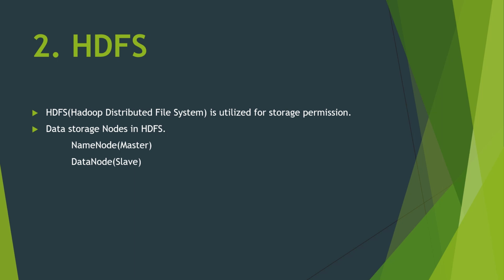HDFS is designed in such a way that it prefers storing data in large blocks rather than storing small data blocks. HDFS in Hadoop provides fault tolerance and high availability to the storage layer and the other devices present in a Hadoop cluster. The data storage nodes in HDFS are the name node and the data node. The name node is the master and the data node is the slave.